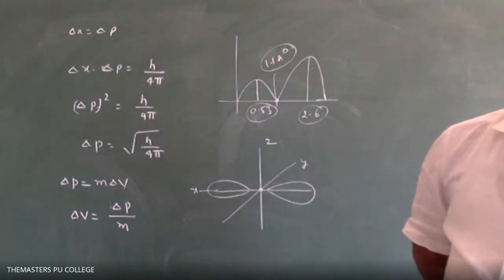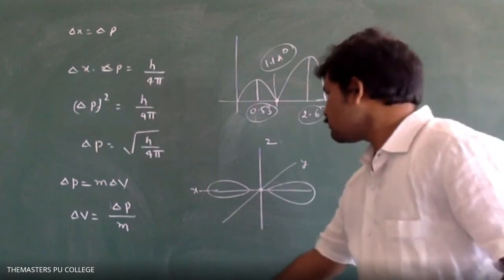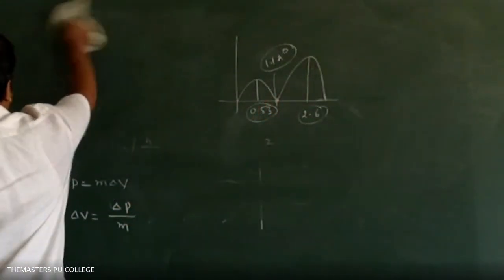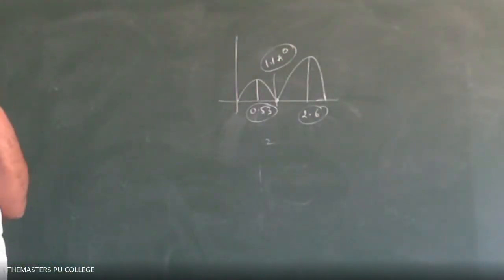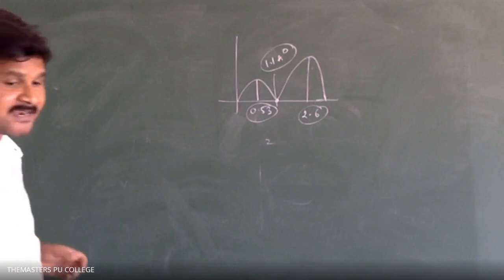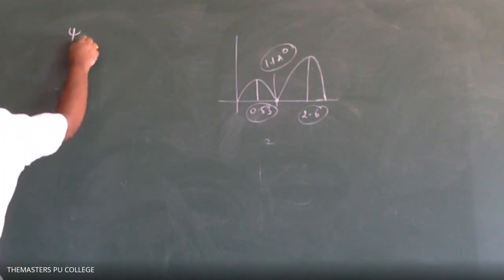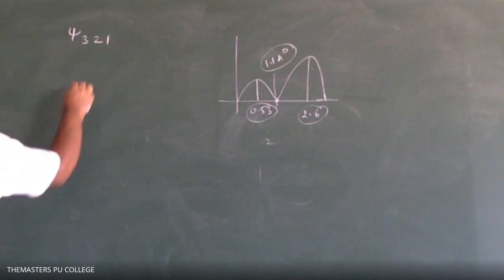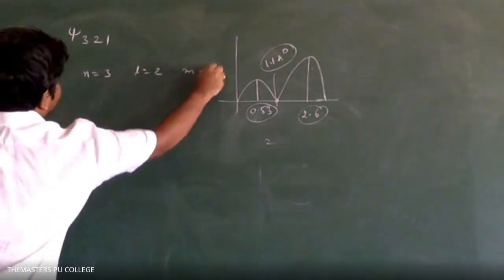Next, question number 65. The remaining you have to do; 65 I will solve. Which orbital is given? The orbital is not given; psi 321 is given. Psi 321 means n is equal to 3, l is equal to 2, m is equal to 1.